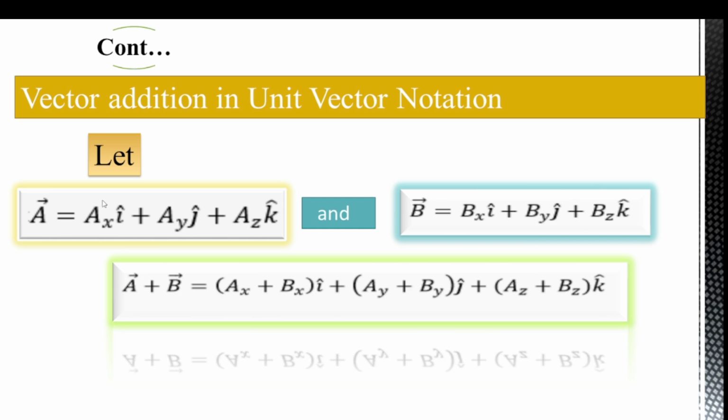We just have to sum the x component of vector A with the x component of vector B, the y component of vector A with the y component of vector B, and the z component of vector A with the z component of vector B. Then the sum of vector A and vector B becomes ax plus bx along the x-axis, and ay plus by, which is the component of the new vector along the y direction, and az plus bz, which is the component of the new vector along the z direction. Good.